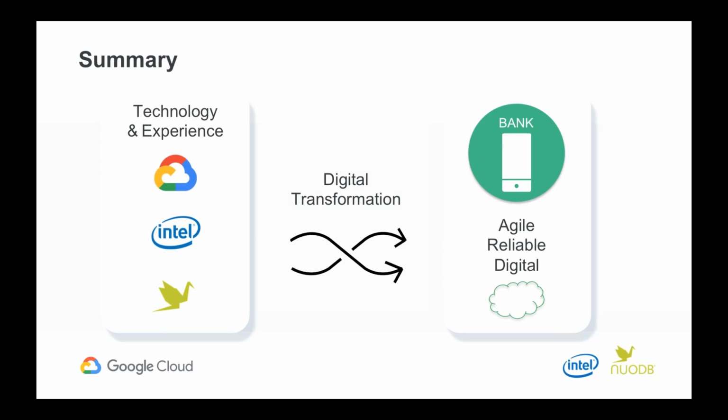And NuoDB is the right technology for the same reason, it's important to take advantage of commodity computing, of a lot of memory, but at the same time the ability to have inherent resilience in a software cloud environment is essential. That's what NuoDB delivers. So the quick answer is yes, people are ready, technology is there. It really is specific to the regions of the world how quickly people can go there.